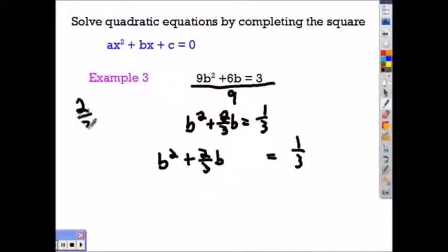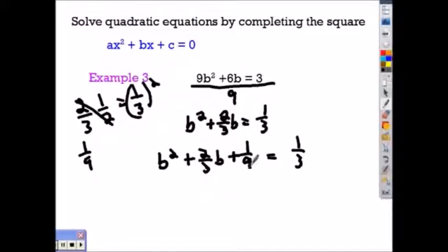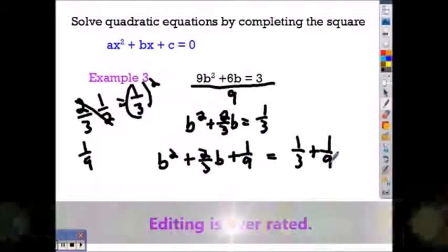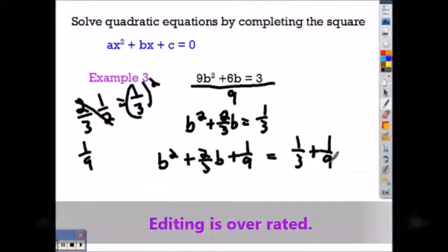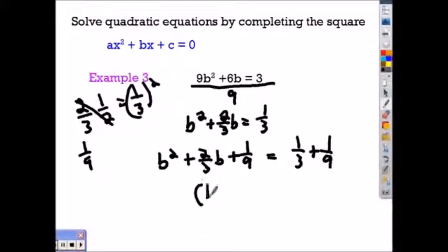Half of 2/3 is 1/3. And when I square the 1/3, I get 1/9. So I'm going to add 1/9 here to complete the square. Add 1/9 here to balance out the equation. So my left side will be b plus 1/3 squared equals, well, 1/3 plus 1/9 equals 4/9 once you find the common denominator.